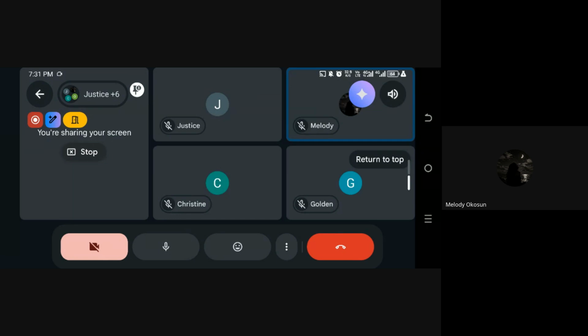Justice, I do not know if I can actually relate a question to you yet because I do not know your foundational knowledge on this topic. But would you want to try? Do you think 260 should be the theta for the major sector? Okay, Justice isn't responsive. Golden, Melody said the theta for the major sector is 260 degrees.